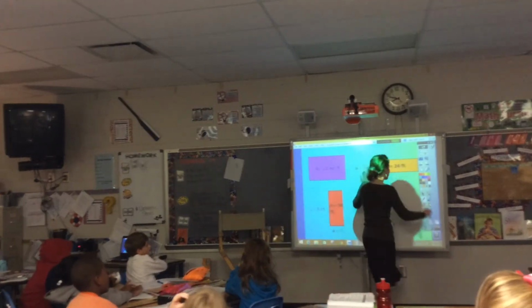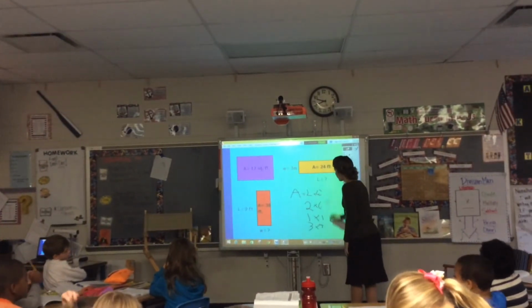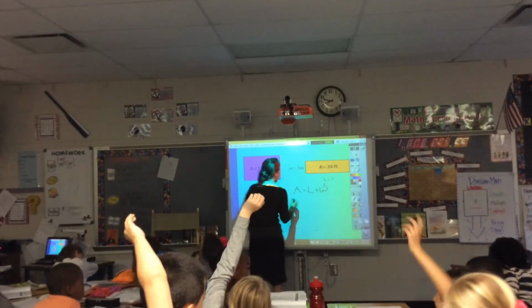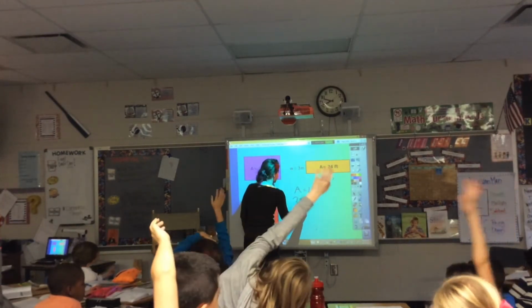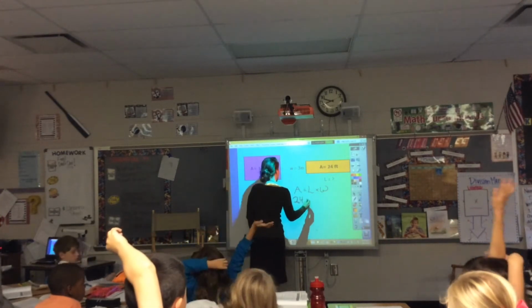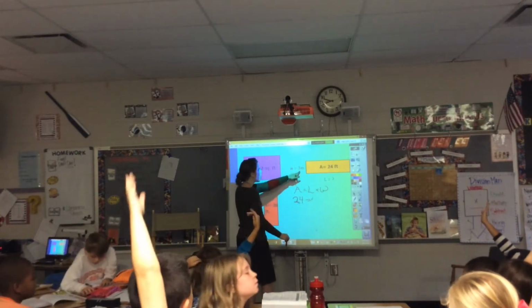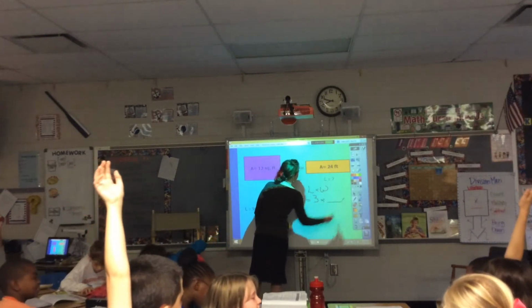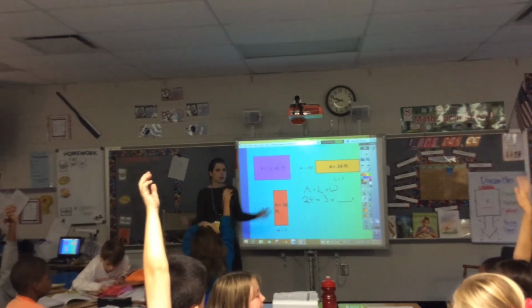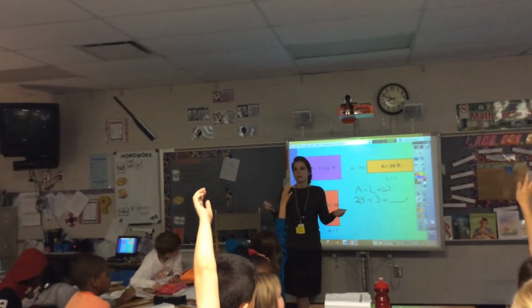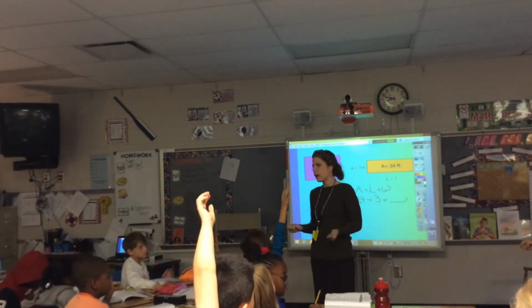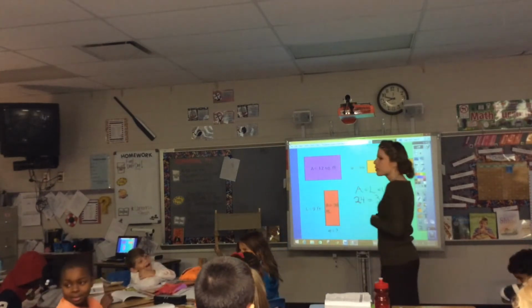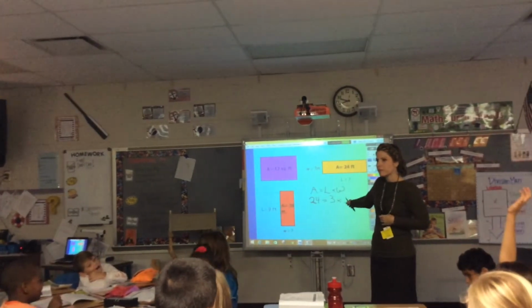So let's move on to the orange one. Our area is 24, and we know our width is 3, but we do not know the length. Somebody tell me, what in the world are we supposed to do when we do not have one side? Natalie, what are some of the things we could do?